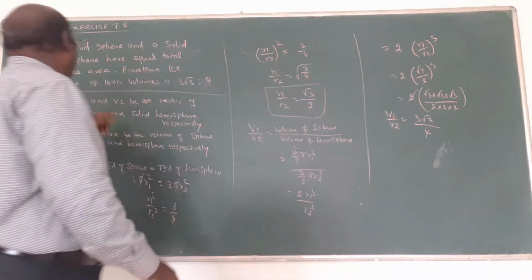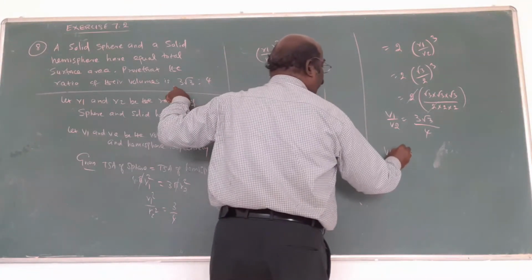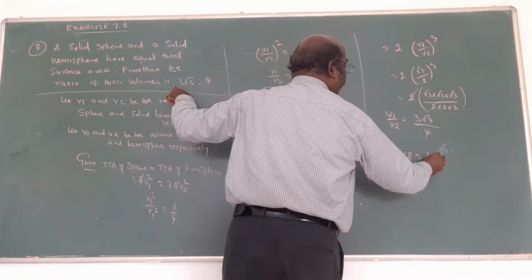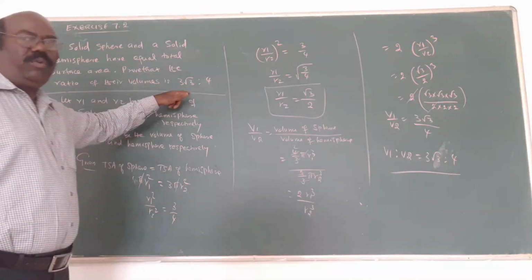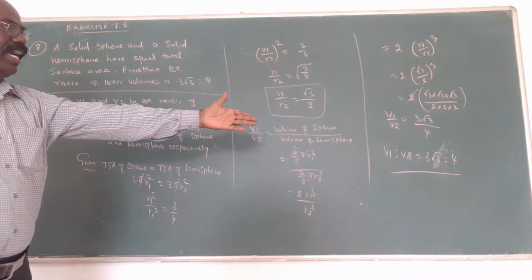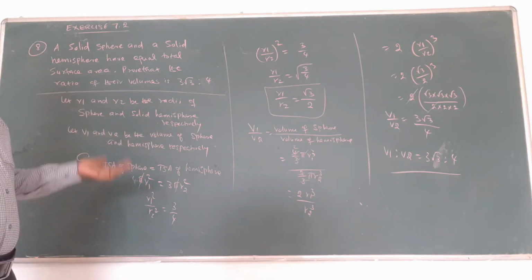You want to prove that the ratio of the volumes V1 is to V2 equal to 3 root 3 is to 4. This answer is given in the question itself, so the answer is 100% correct.